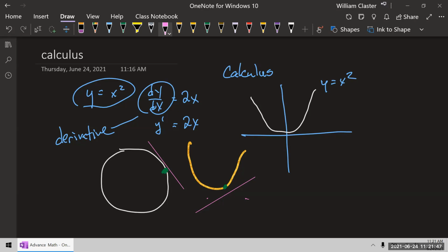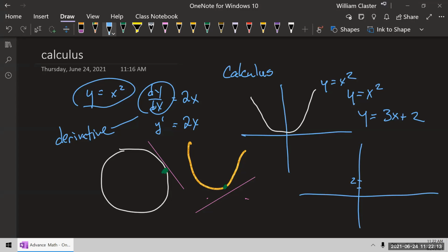Now, in this example here, y equals x squared, let's take a different example first. Let's just take y equals 3x plus 2. So here's 1 and here's 2.